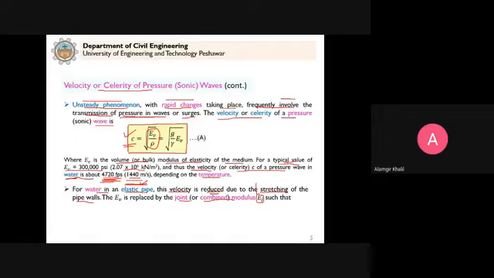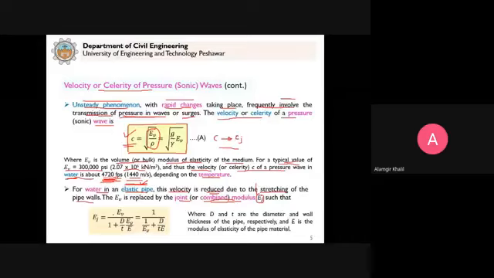So C changes to Cj, the joint celerity of the pressure wave. Ej is given by Ev divided by 1 plus (d/t)(Ev/E), where d and t are the diameter and wall thickness of the pipe respectively, and E is the modulus of elasticity of the pipe material. So we replace Ev by Ej.